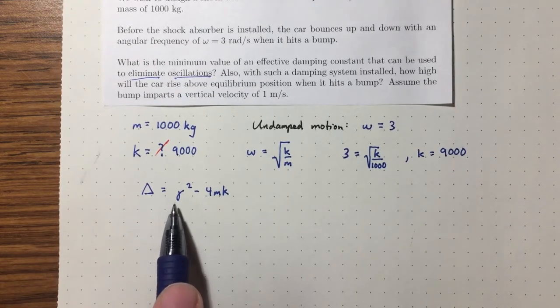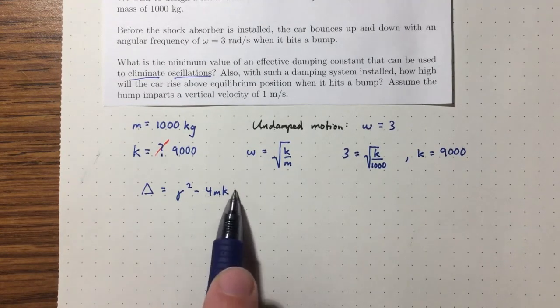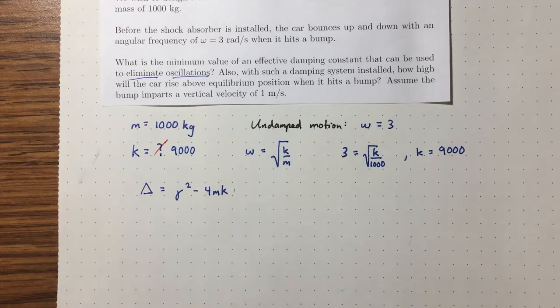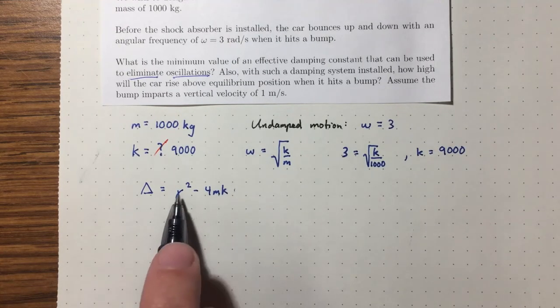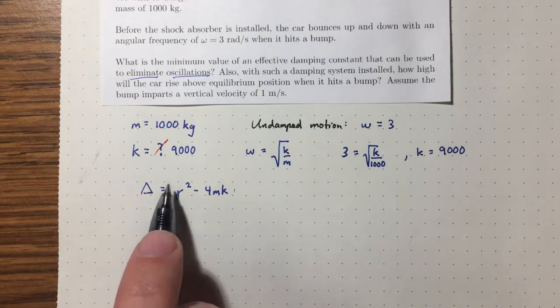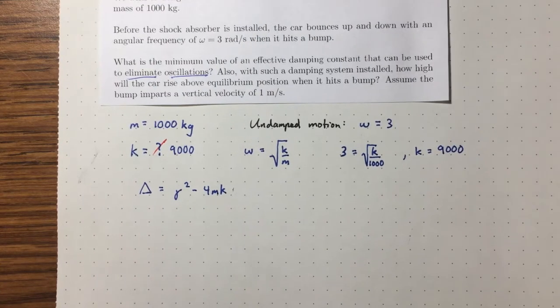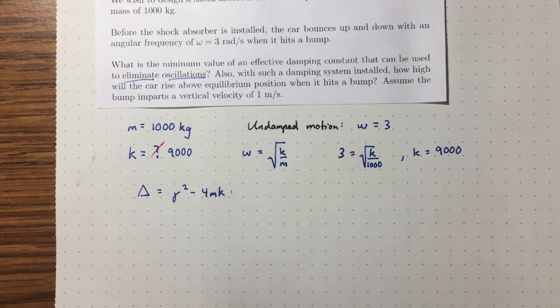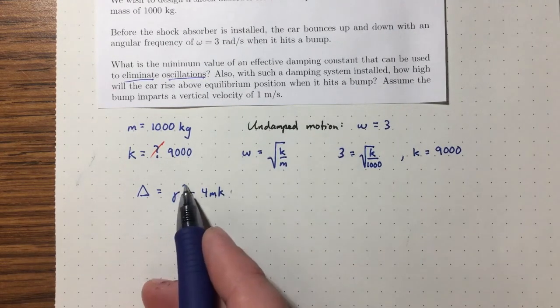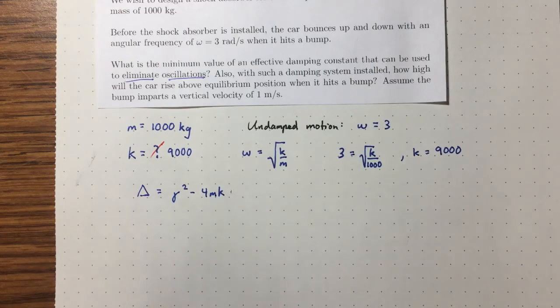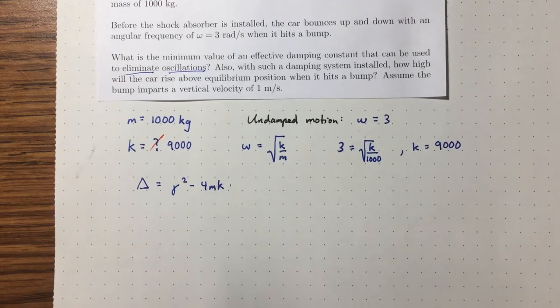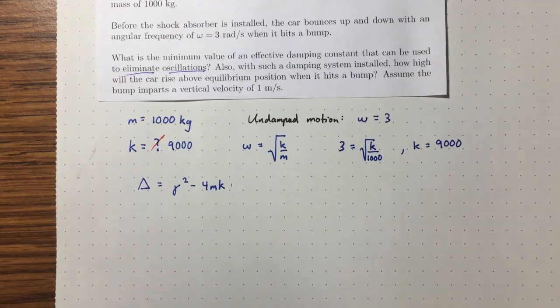Because this is so large, the discriminant is still going to be negative, and so as we increase gamma, we're in the underdamped case. We continue increasing gamma until gamma squared minus 4mk is exactly 0. Now we're in the critically damped case.